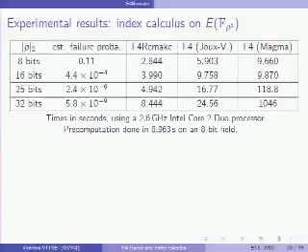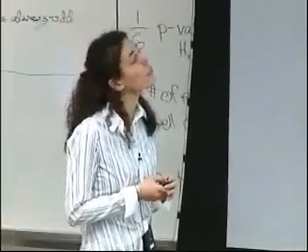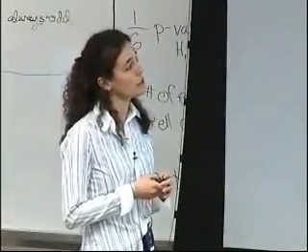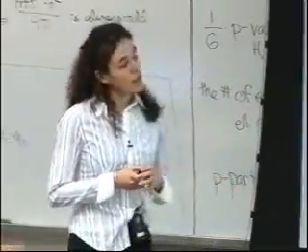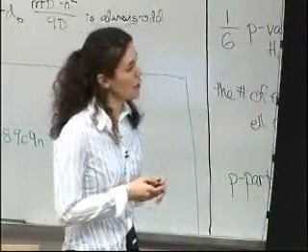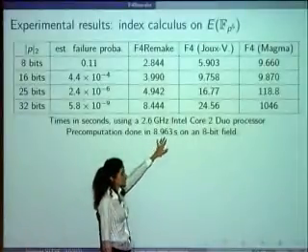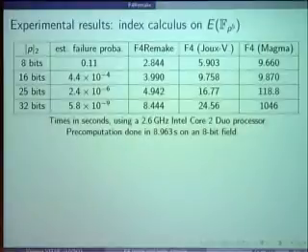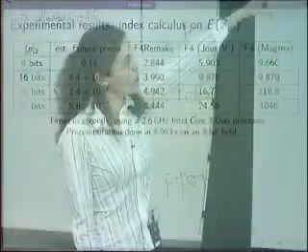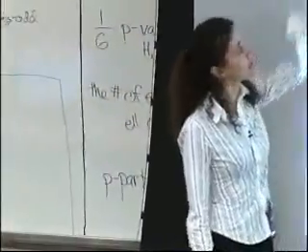So here I give the experimental results for an elliptic curve defined over an extension of degree equal to 5. I suppose that I have run a precomputation over an 8-bit field, and this computation has been done in about 9 seconds. And now I look at what's happening when, for example, I consider an elliptic curve defined over a field with p having 32 bits.